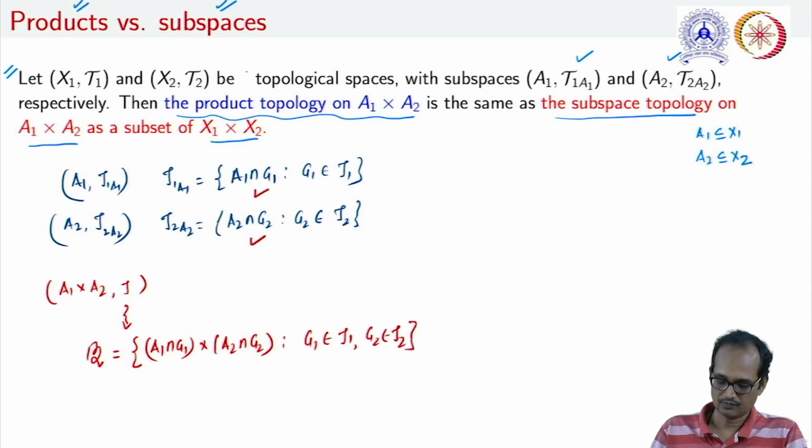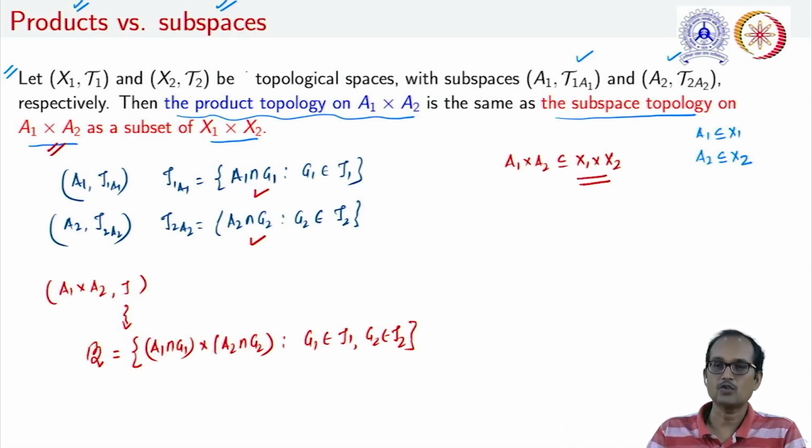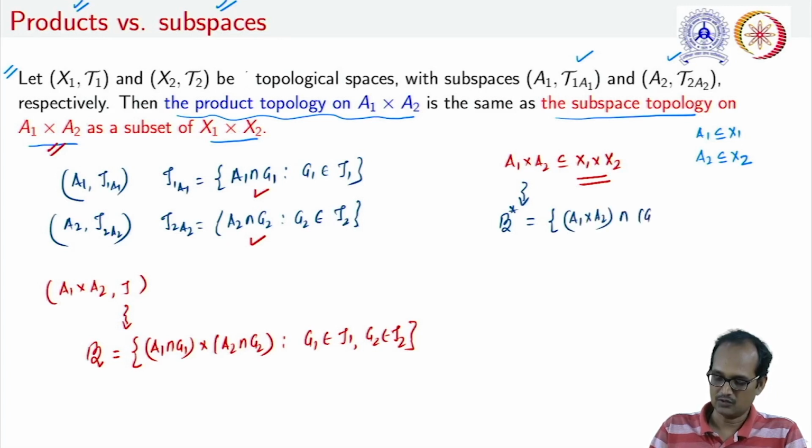Now coming to the next, when we are considering this A1 cross A2 as a subset of X1 cross X2. Note that X1 cross X2 is endowed with the product topology. So the basis for the relative topology on A1 cross A2, let us take this as B star, is given by (A1 cross A2) intersection (G1 cross G2), where G1 belongs to τ1 and G2 belongs to τ2.